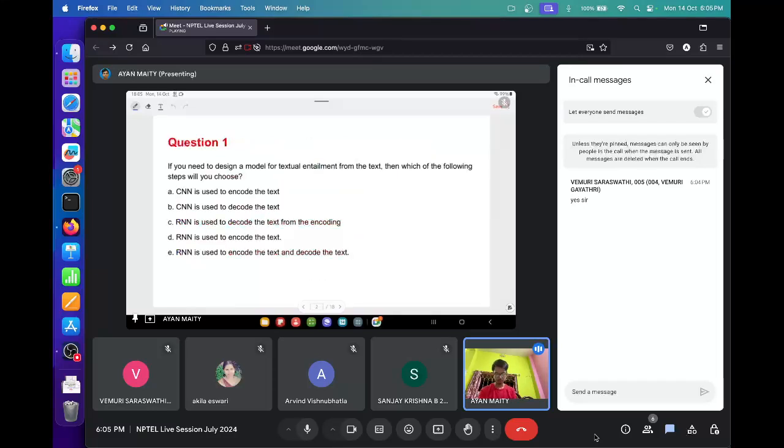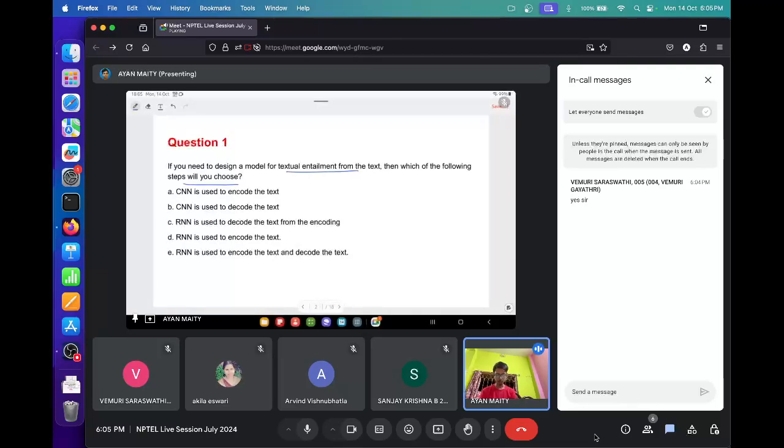So this is the first question. If you need to design a model for textual entailment from the text, then which of the following steps will you choose? More than one option may be correct in this question.